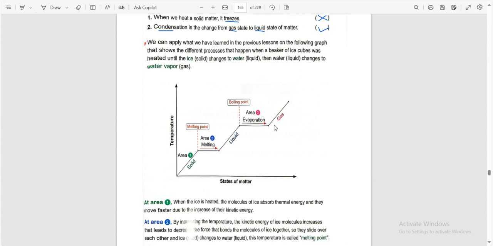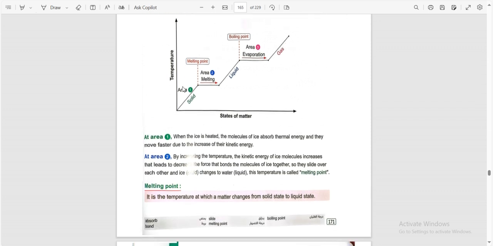And here, as you keep increasing the temperature, the distance between the particles increases, the movement increases, they become faster, and so on. So in area 1, the matter is solid, and it has low thermal and kinetic energy.